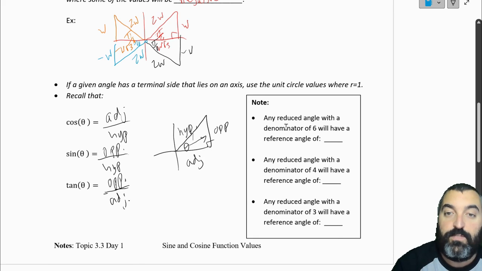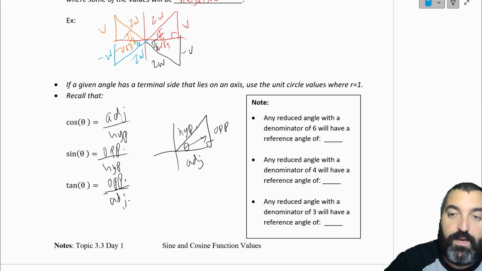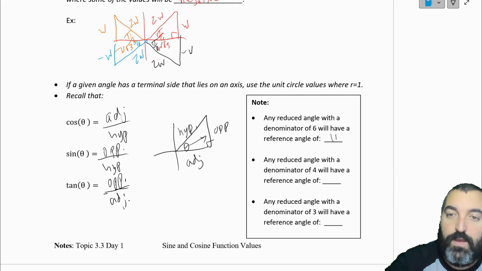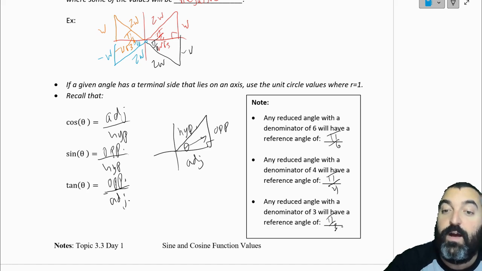Okay, a couple notes here. Any reduced angle with a denominator of 6 will have a reference angle of pi 6. Any reduced angle with a denominator of 4 will have a reference angle of pi fourths. And any reduced angle with a denominator of 3 will have a reference angle of pi thirds.